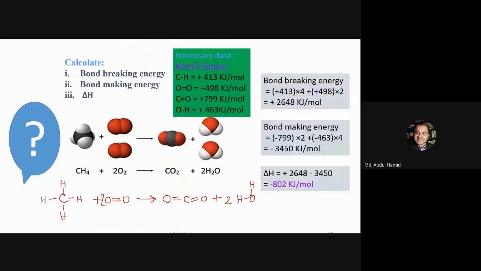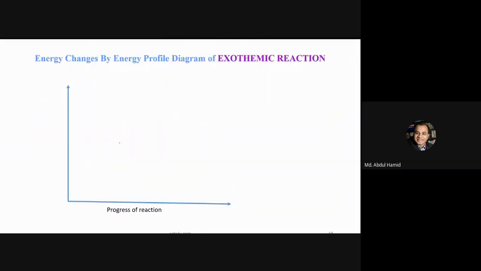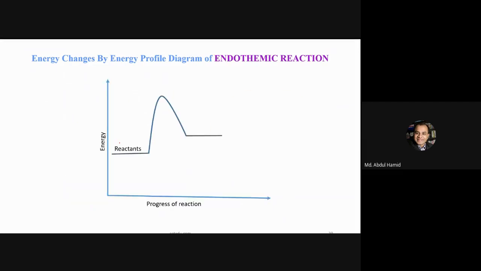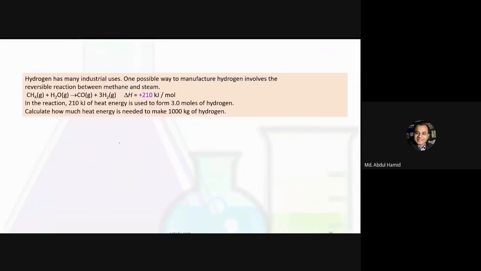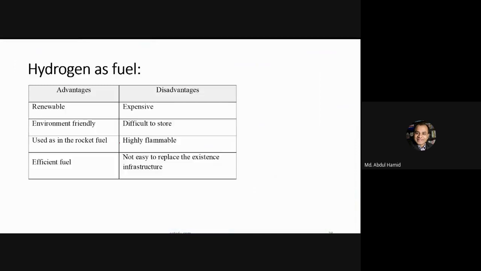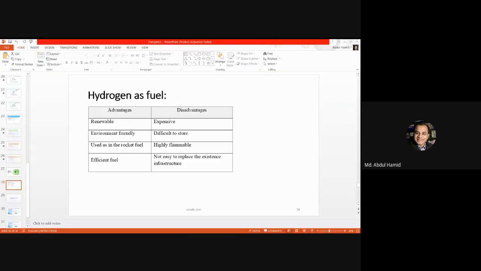Next, I have shown you the profile diagram. This is very important. I also gave you homework in my class to clear your understanding. Another point I have discussed is the investigative work in your laboratory so that you can understand enthalpy change clearly. Up to this, your chapter of energetics or enthalpy change.